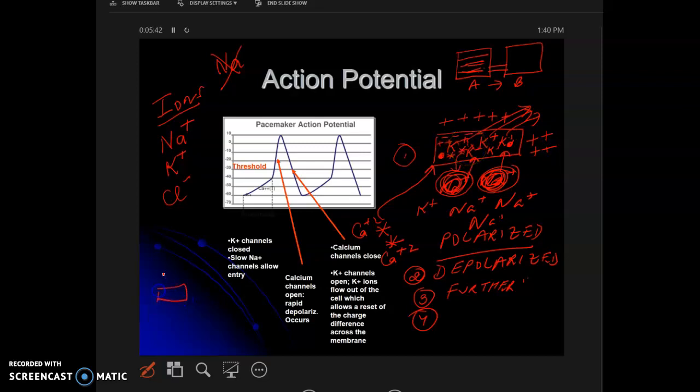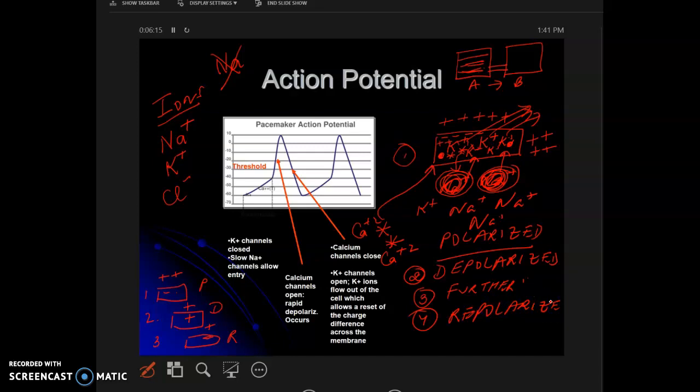At first, outside was positive, inside was negative. Second step, outside was positive, inside was positive. Third step, we are back: outside is positive, inside is negative. Here the cell is said to be polarized. Here the cell is said to be depolarized. De means no poles. Third is repolarized. Outside is positive, inside is negative.